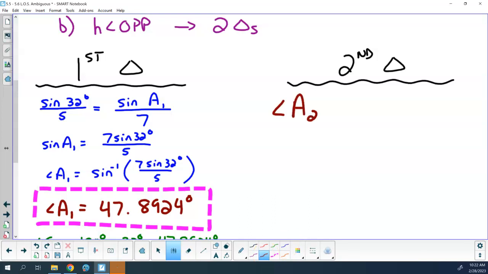Because angle A was the first angle we could solve for in our first triangle, it's going to be the first angle that we solve for in our second triangle. Okay? And angle A sub 2 is going to be 180 degrees minus angle A sub 1.